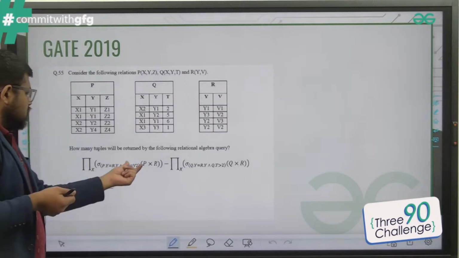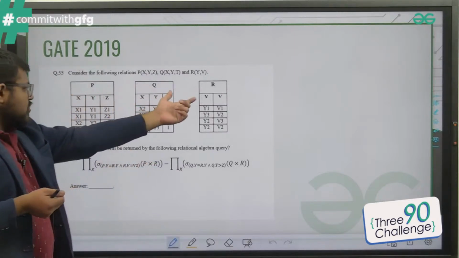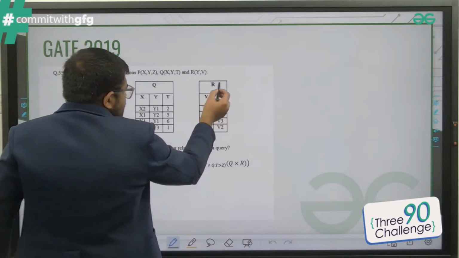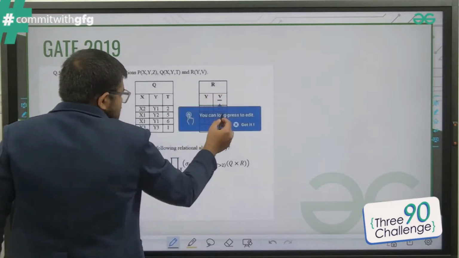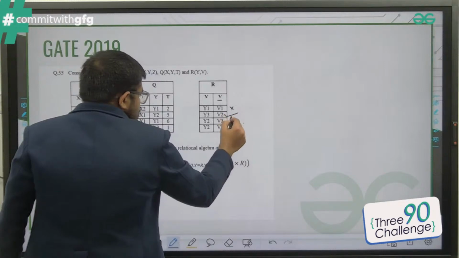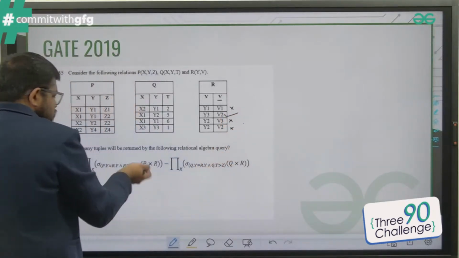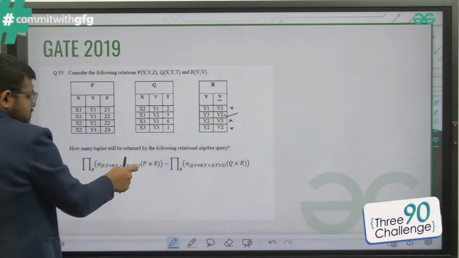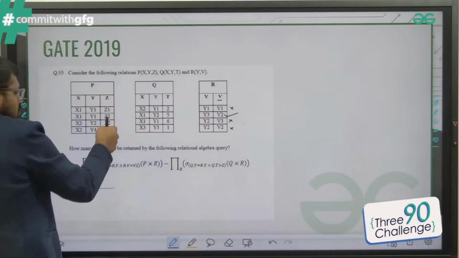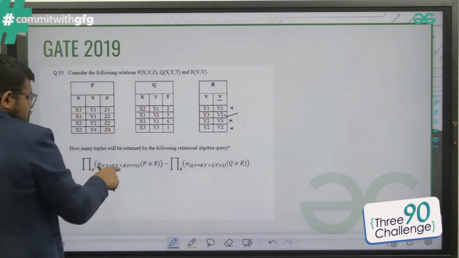So you take the tuples from P cross R where R.V is V2. R.V means the value of this attribute is V2. So basically you do not take these tuples in the cross product, because you are only considering the tuples where R.V is V2. Now you take the cross product of this with all the four tuples. And what is the second condition?